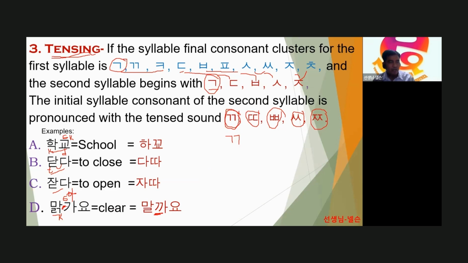Instead of Mal or Makgayo, the correct pronunciation is Malkayo.